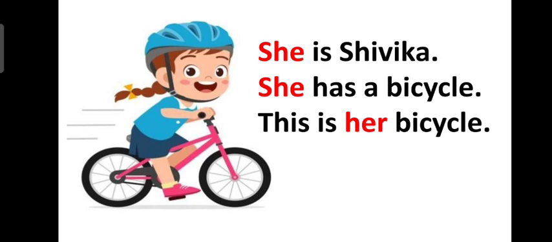So, she is Sivika. वह क्या है? वो सिविका है. She has a bicycle. उसके पास क्या है? उसके पास एक साइकिल है. This is her bicycle. और ये उसकी साइकिल है. Yes, I hope you all are enjoying.